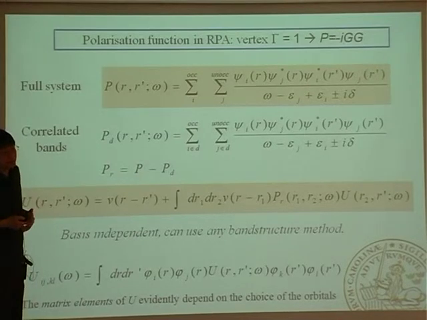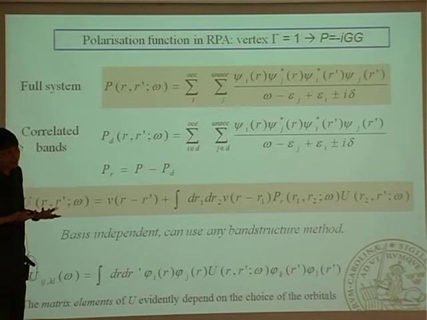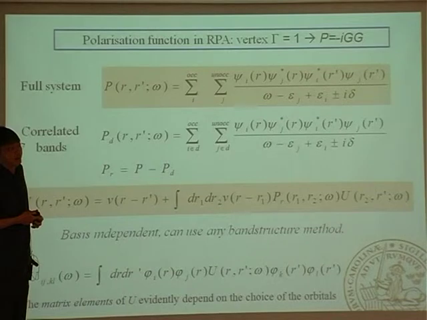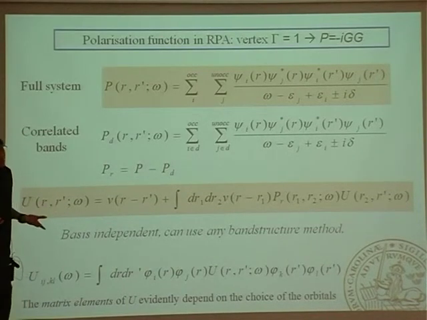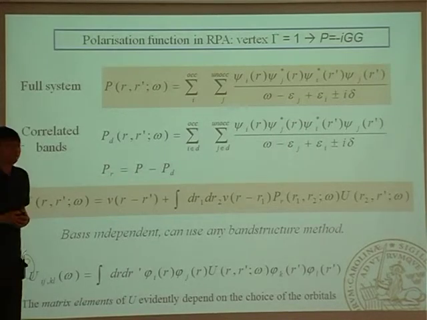But in principle it can be anything, could be something better. You could include the effect of self-energies, for example. But it cannot be an arbitrary basis, right? It has to be coming from some mean field kind of. Yeah, so usually from some mean field, and the usual choice is Kohn-Sham. Okay.